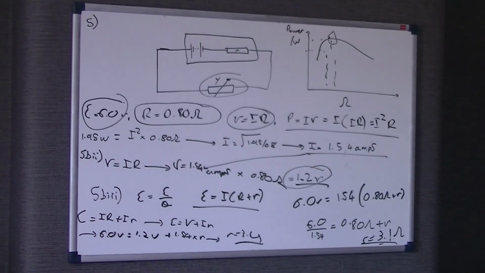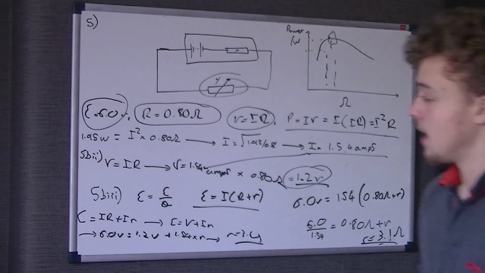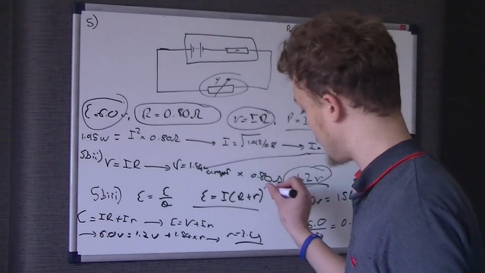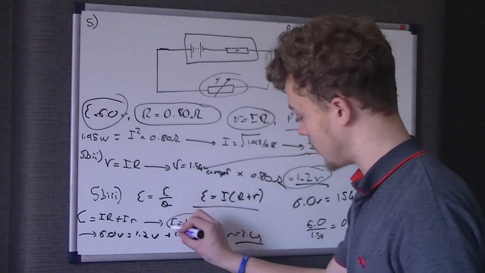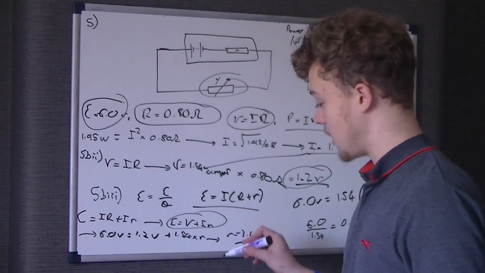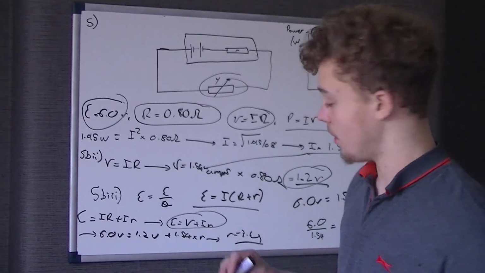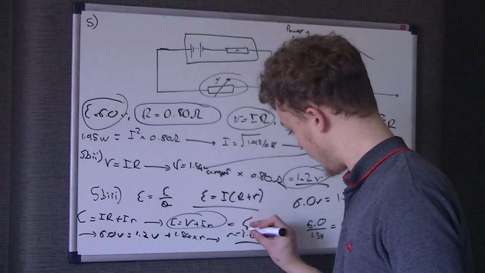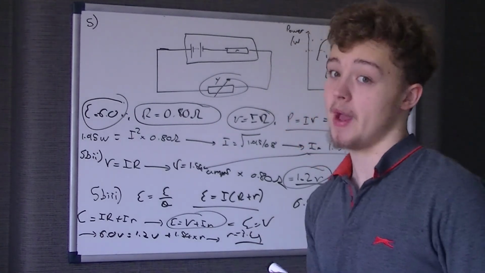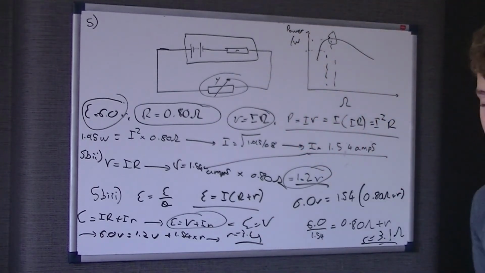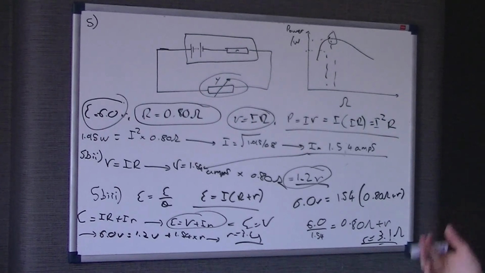The first bit, you need to say the power will decrease as R increased because we've got no internal resistance. If we have no internal resistance, we've got to think about this formula over here. So E equals V plus I little r. If little r is 0, this would end up being E equals V. So what that's saying is the EMF is equal to the potential difference if there is no internal resistance. It's key to saying that, and I would actually put that equation in your explanation and show it.